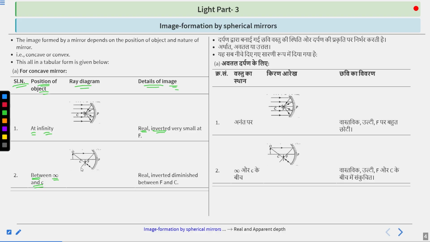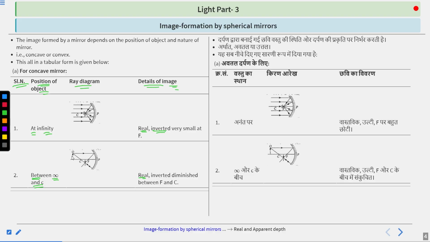This is the point where they are intersecting, so that is where the image is. So again we will get a real image. Why? Because the image is forming before the screen, not beyond the screen.